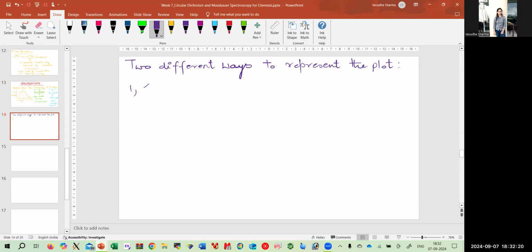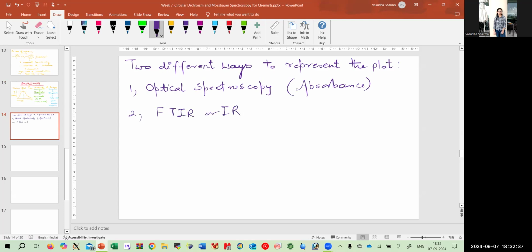Now there are two different ways to represent the plot. One is optical spectroscopy, which we call the absorbance one, in terms of absorbance. Or the second one that we have is your FTIR or IR spectroscopy, which is explained in terms of transmittance.